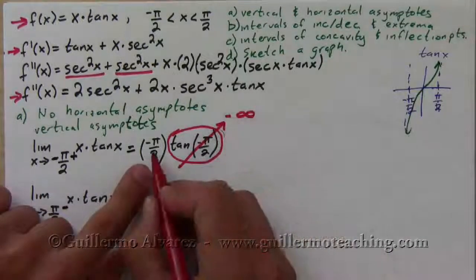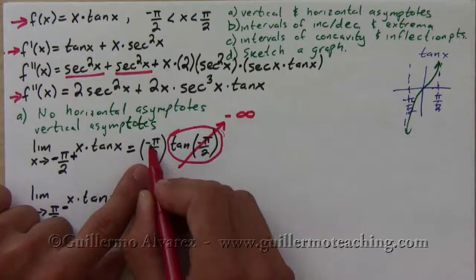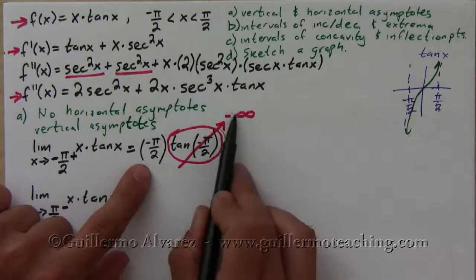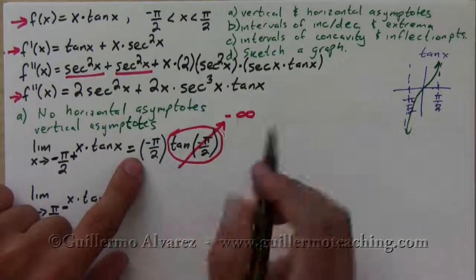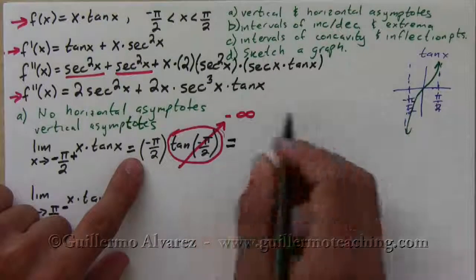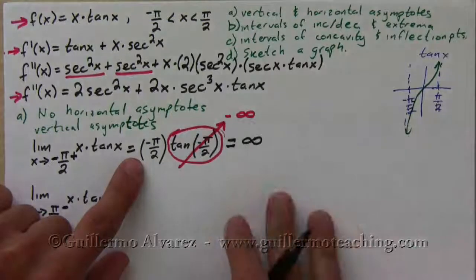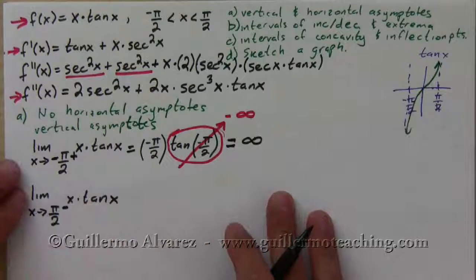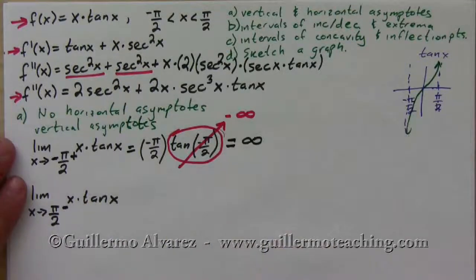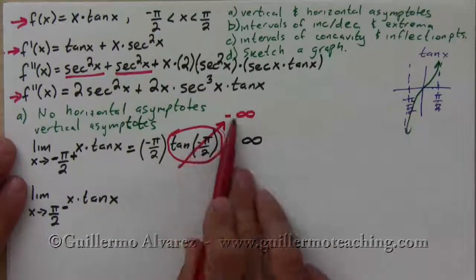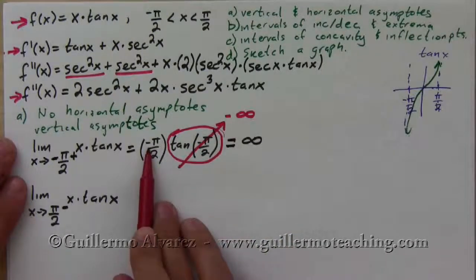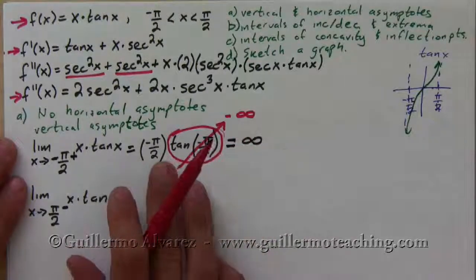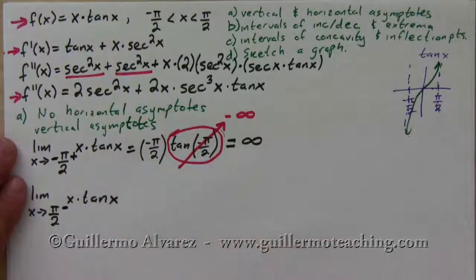But then here you have a constant that's negative, so if you multiply a really big negative number by a negative constant, this is going to be going to positive infinity. That makes sense, right? Because the tangent is going to negative infinity, but then you're multiplying that by a negative number, so the entire thing is going to be positive, but still going to infinity.